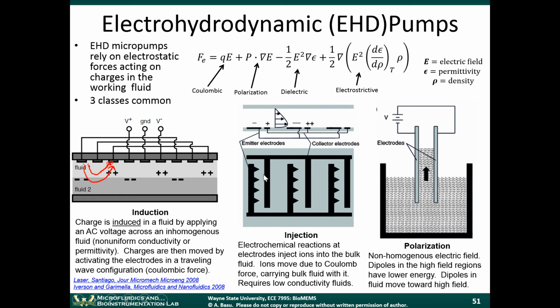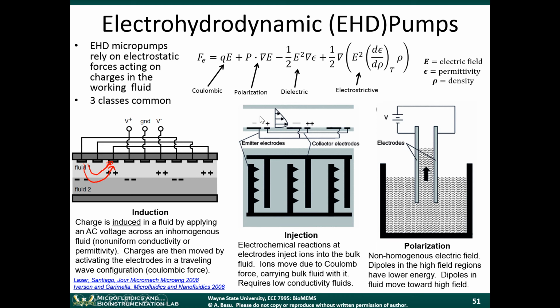You have these electrodes, interdigitated electrodes, these are called. The bottom ones here are all the positive terminals, and this part here is all the negative terminal. When you apply a voltage there, it generates an electric field between these two. If the voltage is large enough, you can initiate an electrochemical reaction. That electrochemical reaction can induce charges in the working fluid. It injects ions into the bulk fluid.